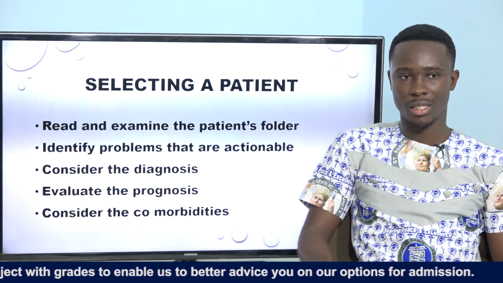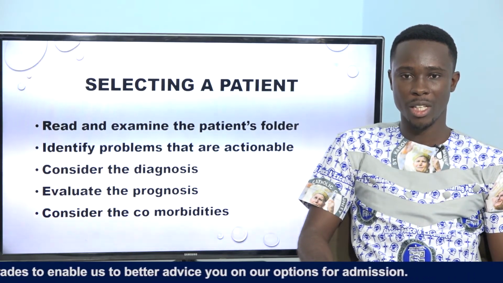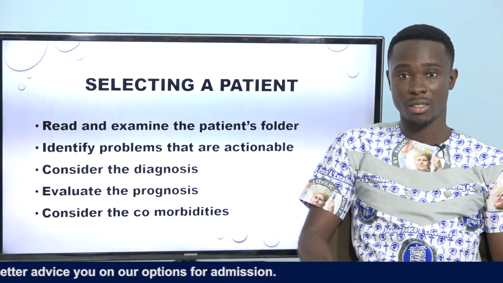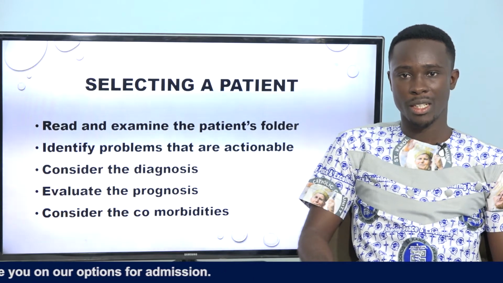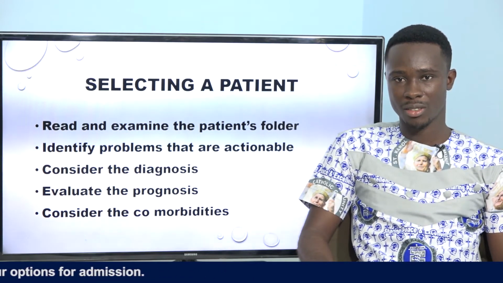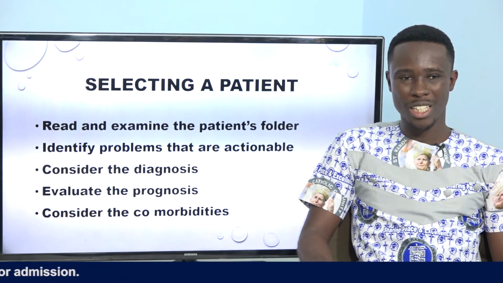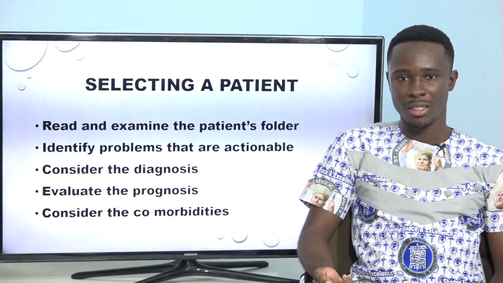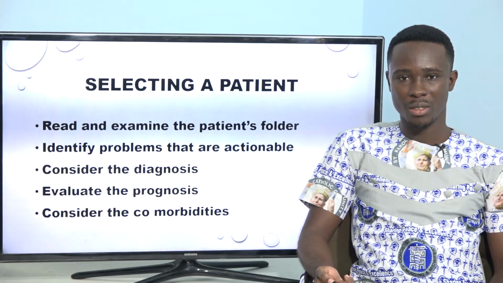So if you get a patient who has, let's say, malaria, and it's not even cerebral malaria, just the normal malaria that we know, and the patient is quite strong, then there's not much you can do for the patient apart from checking on vital signs and serving medications and food.